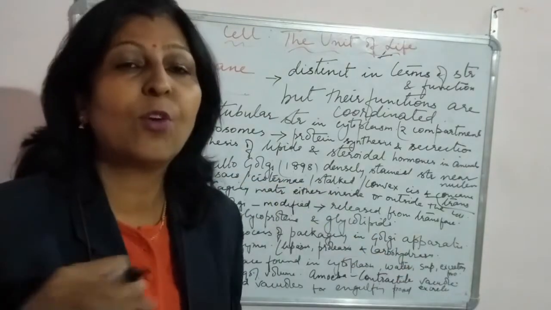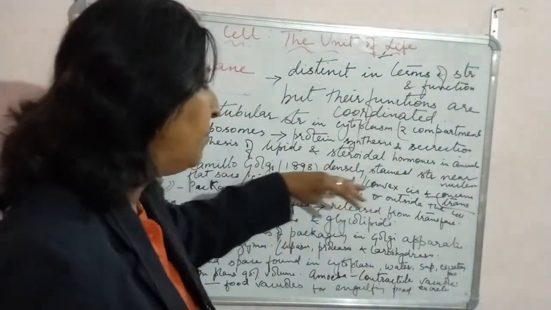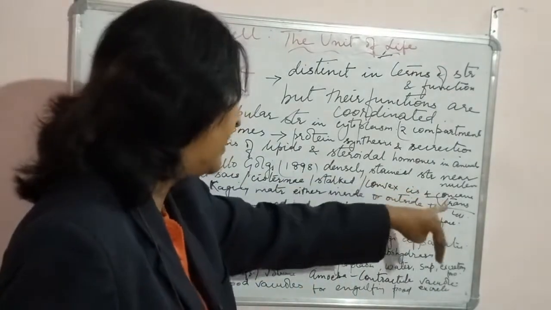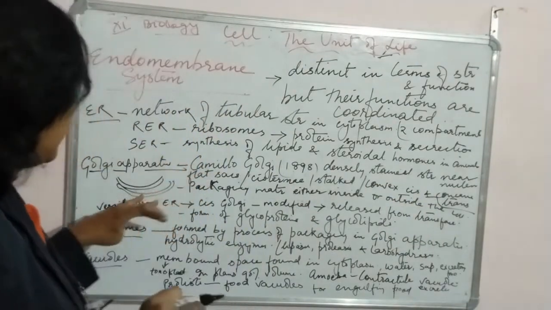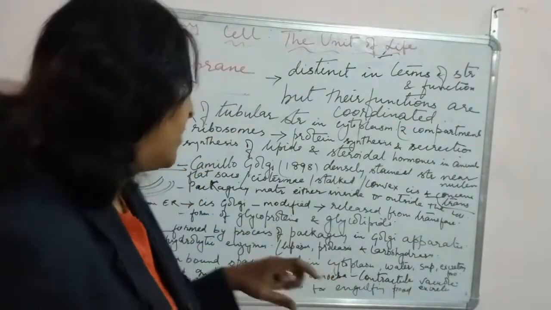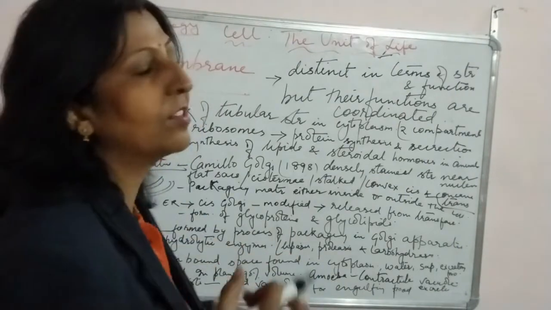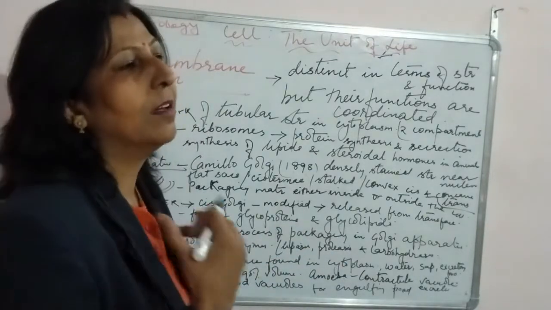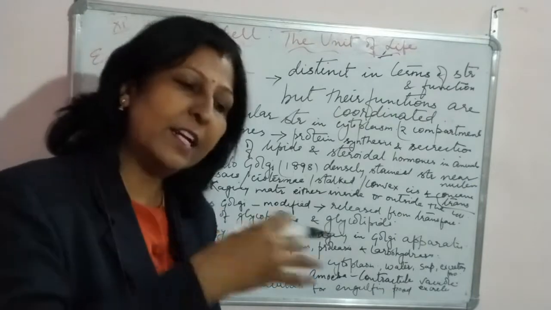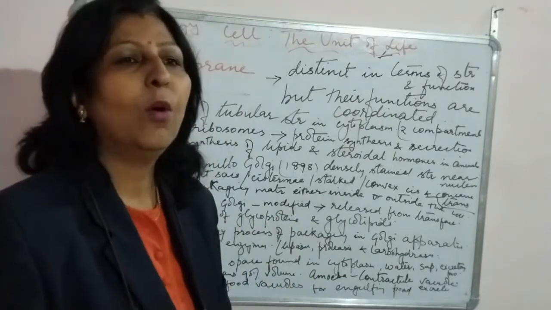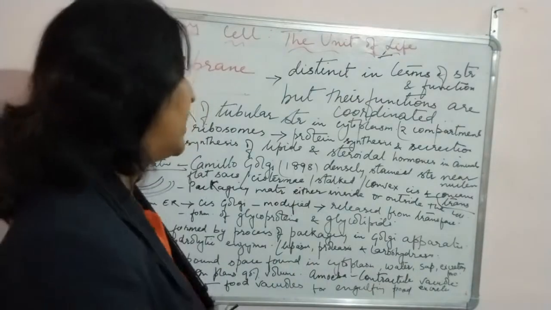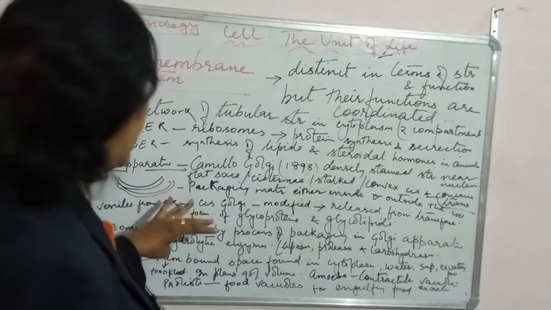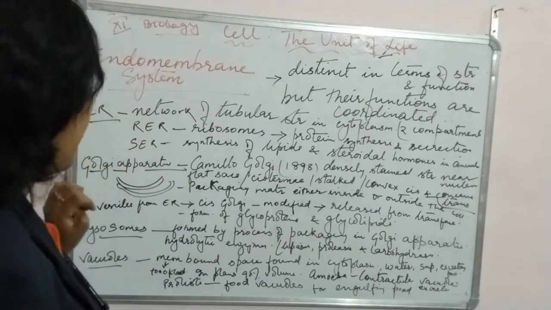These flat sacs are also known as cisternae, and it has two faces, the cis face and the trans face. It helps in packaging the materials, and the packaged materials are sent wherever required, to any site inside the cell, or outside the cell. That is the main function of the Golgi apparatus.